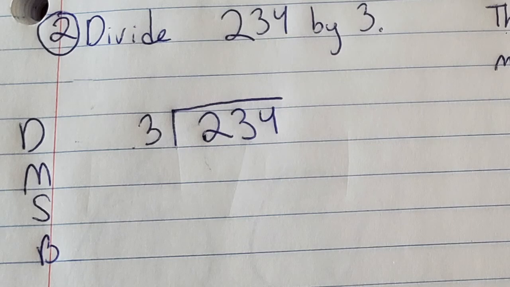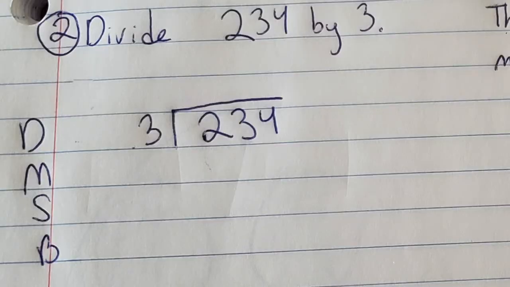We have our dead mice smell bad, which we know is division, multiplication, subtraction, bring down. First, we're going to try and do how many times does 3 go into 2? Surprise. 3 doesn't go into 2 at all. So what we have to do instead is focus on the first 2 digits in the number. So instead of seeing how many times does 3 go into 2, we're going to see how many times does 3 go into 23.